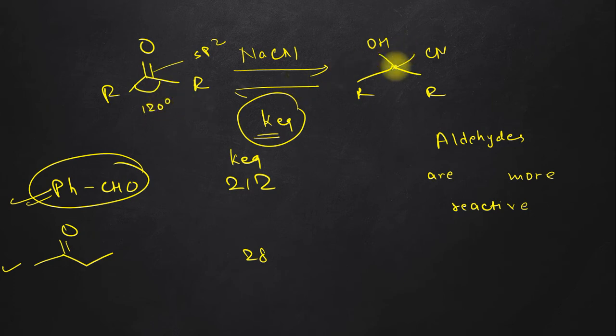After the reaction, this carbon is going to be sp3 hybridized, and the bond angle will be approximately 109 degrees. So if the bond angle was 120 degrees initially in the starting material, and in the product it is 109 degrees, then in the product the two alkyl groups are closer to each other. The space between these two substituents has decreased.